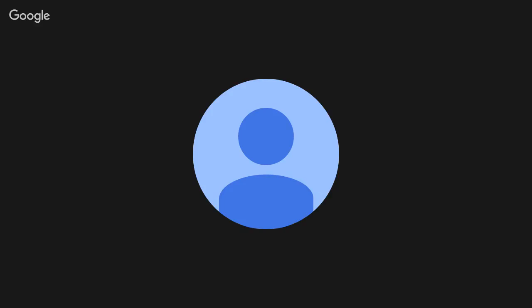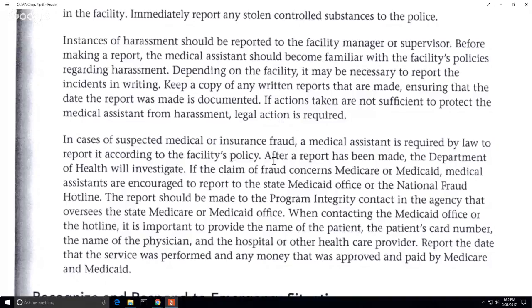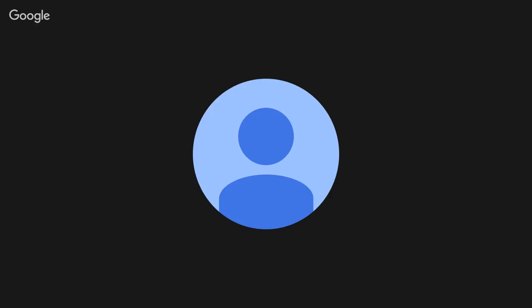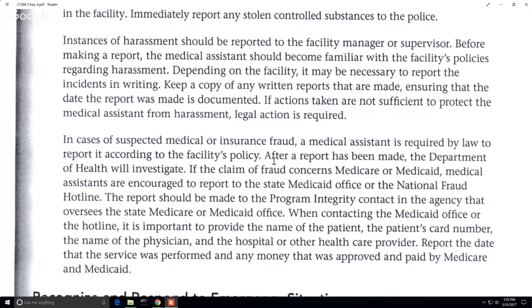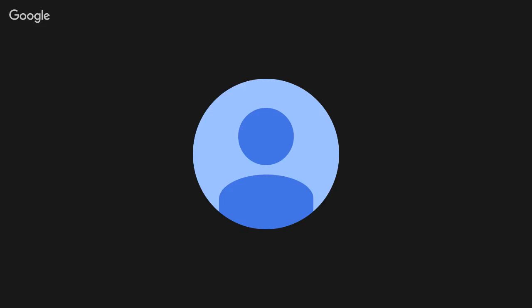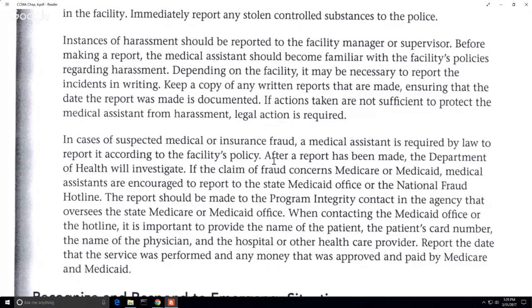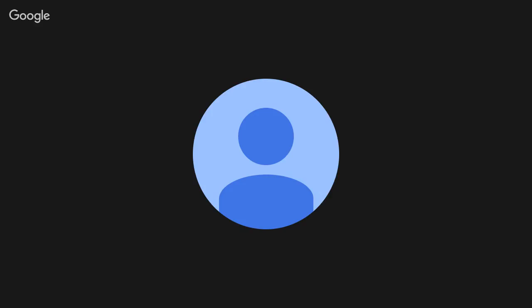But you can do that only if you have written proof that you told it to them and they didn't take any action. So any time there is a case like this, the medical assistant should report in writing so that they can take the action. Makes sense.